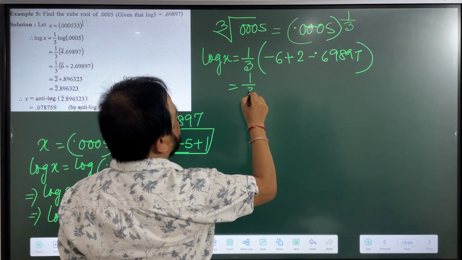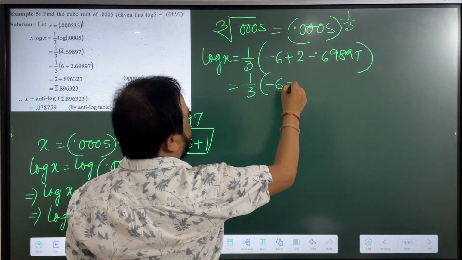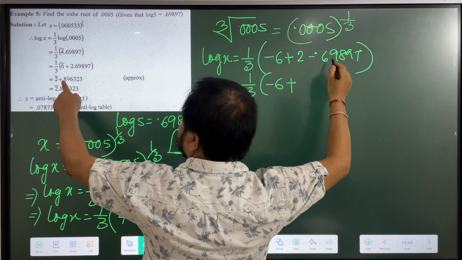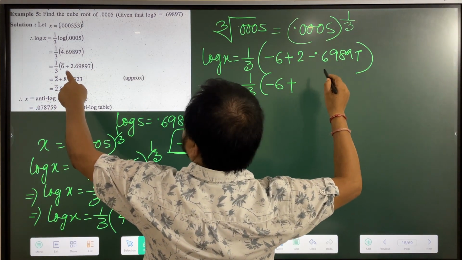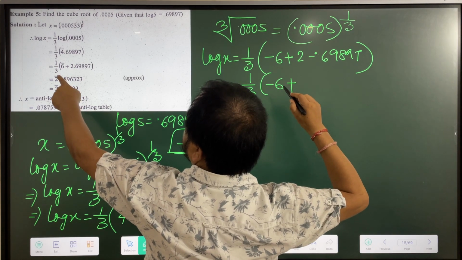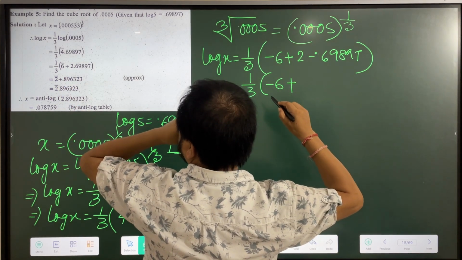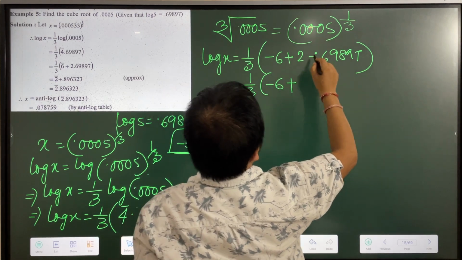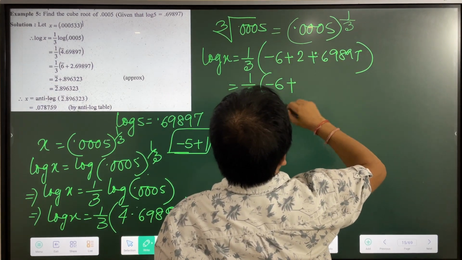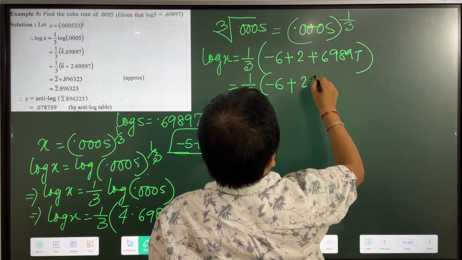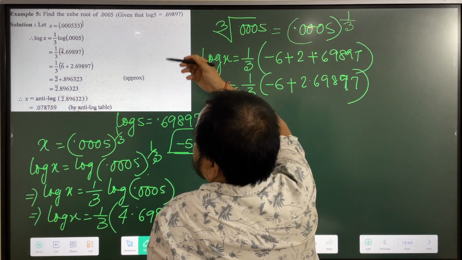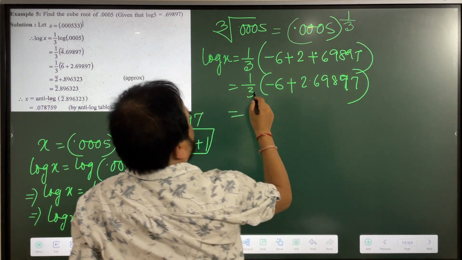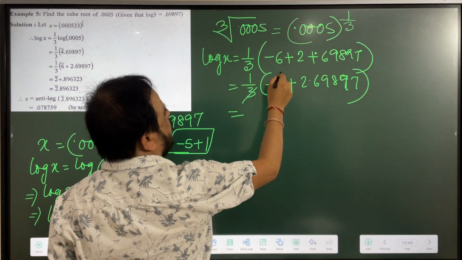So 1 by 3 into minus 6 plus 2.69897. Calculation is done.